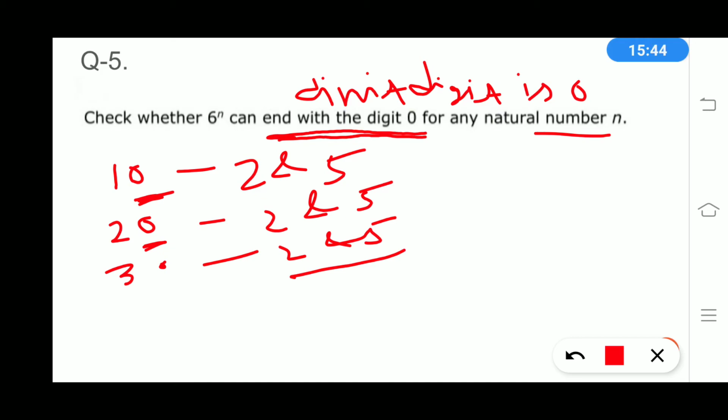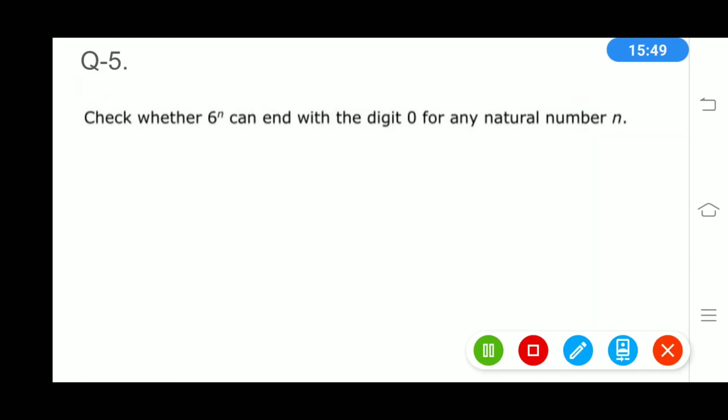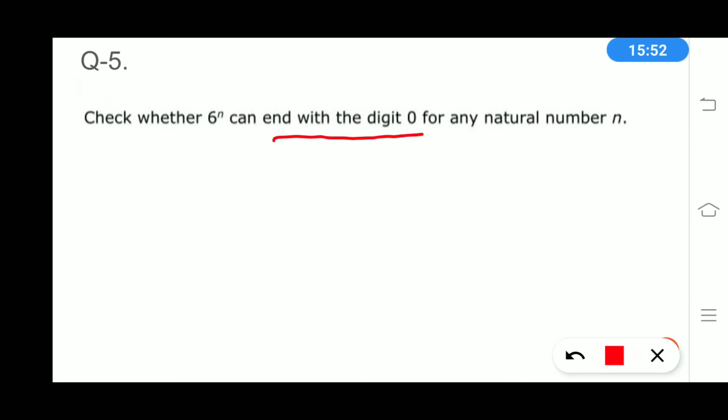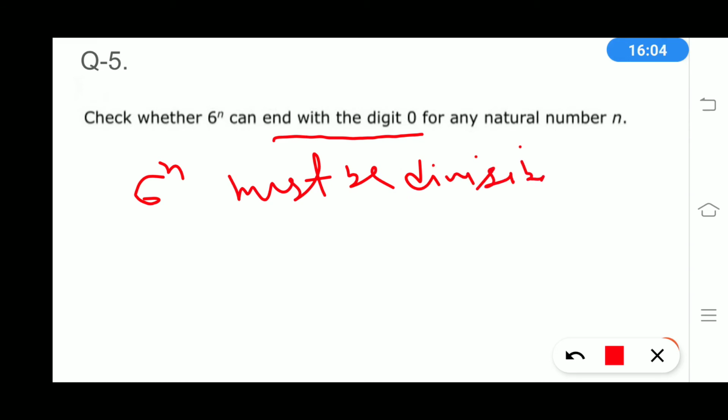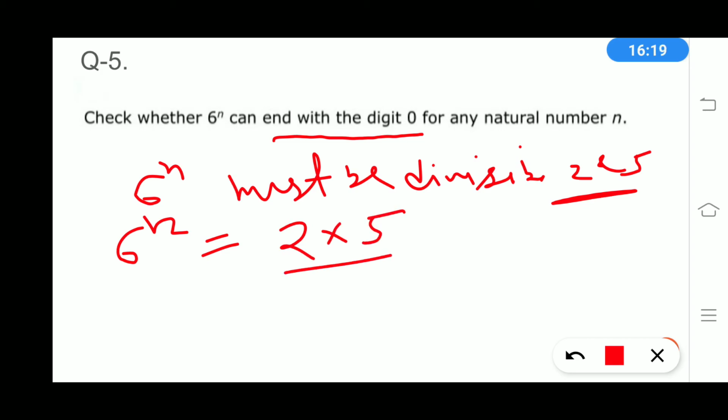Okay student, now tell me about 6 to the power n. If 6 to the power n ends with digit 0, then 6 to the power n must be divisible by 2 and 5. That means 2 and 5 are the prime factors of 6 to the power n.